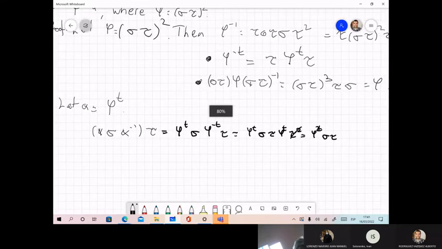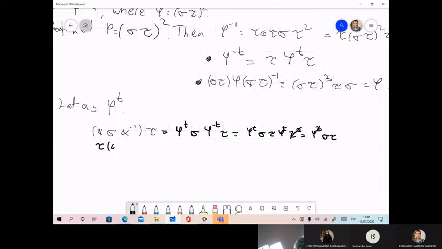And similarly, if we write the other multiplication in reverse order, we have that this is tau phi to t sigma phi to minus t, and now we use that phi to t is tau phi to minus t tau, and that phi to the t and sigma tau commute, and thus phi to minus t and tau sigma commute.